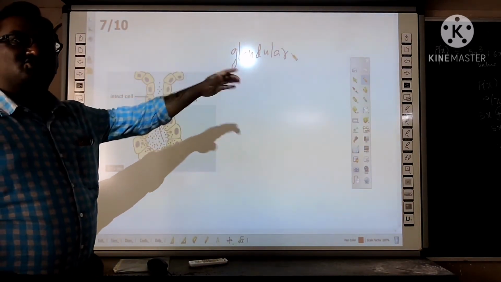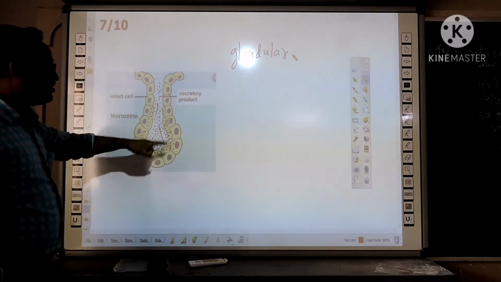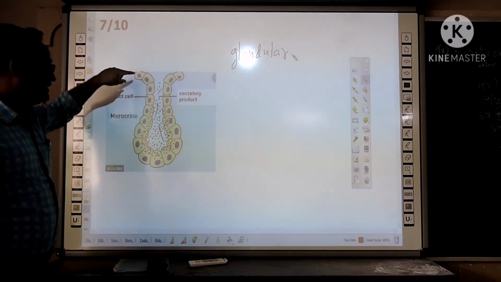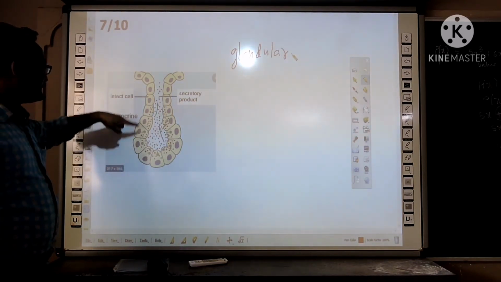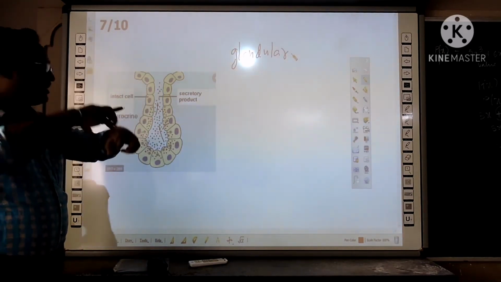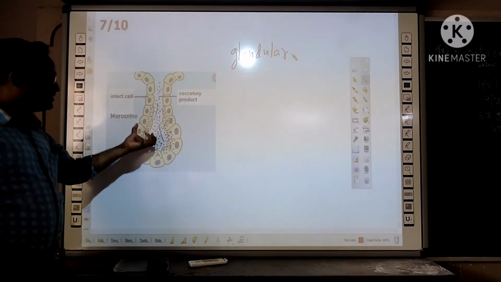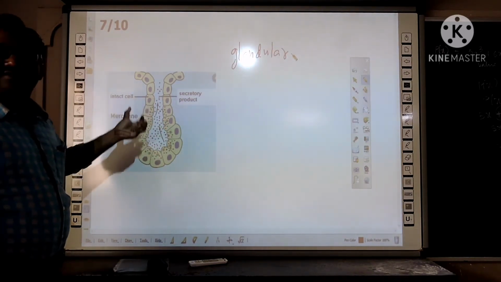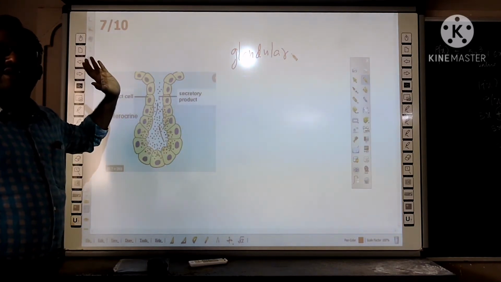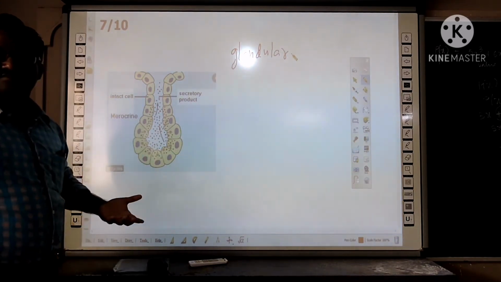In glandular epithelium, the epithelium folds inward and forms a cavity like this. Through this cavity, the products are secreted. Products here means the hormones. Hormones are released from the glandular epithelium.